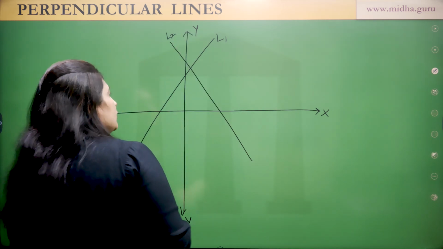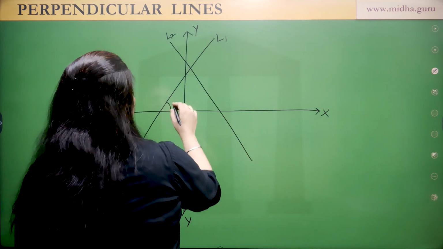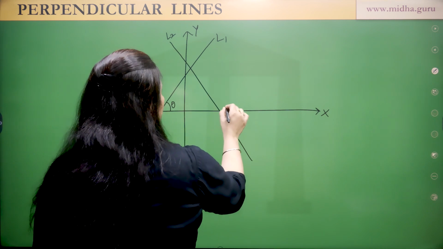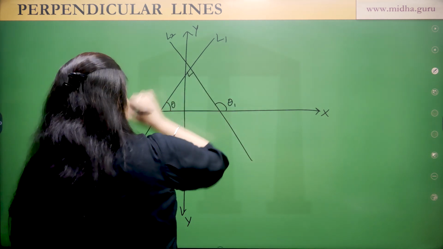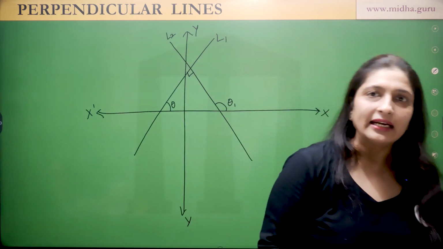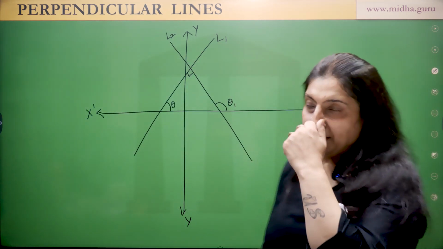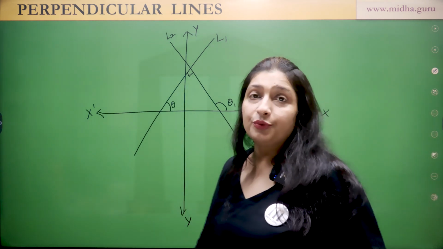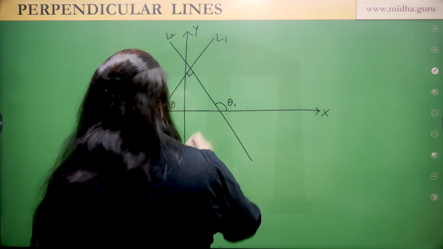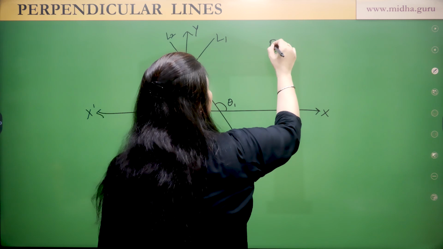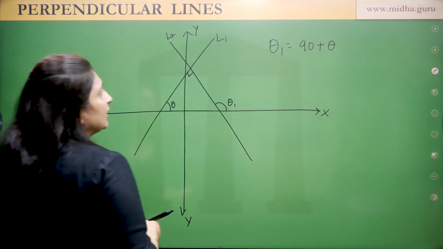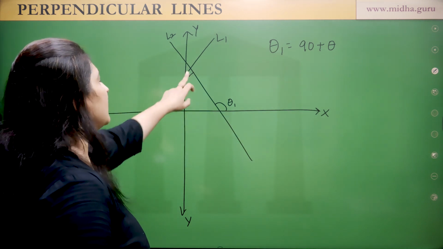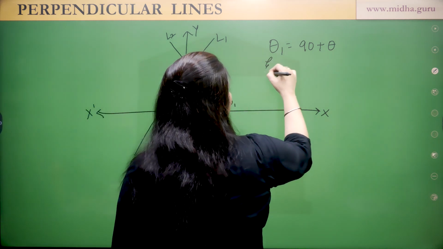We'll take this angle as theta, we'll take this as theta 1, and suppose this is 90 degree. They are intersecting each other at 90 degree, so they are perpendicular lines, right? So what is the relationship between the slope of perpendicular lines? See, we know theta 1 is equal to 90 plus theta.